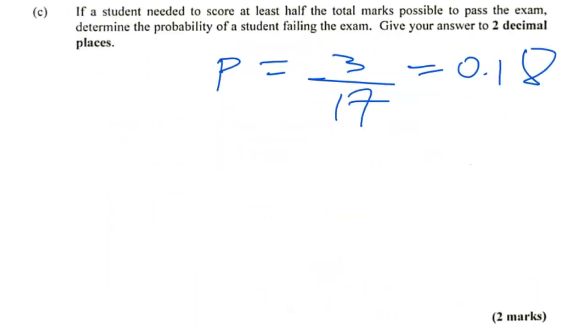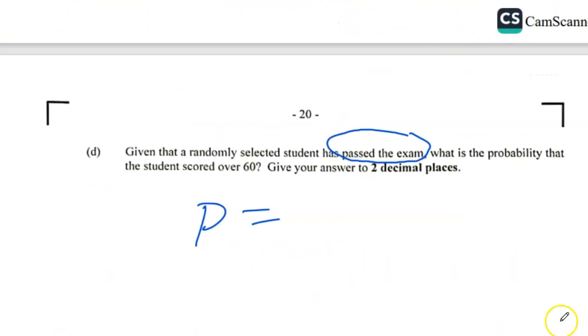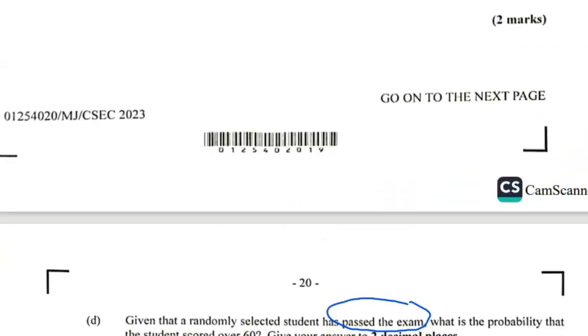It's a conditional situation: 14 passed, and 4 scored over 60. They want the answer in 2 decimal places, so 4 divided by 14 is 0.29.